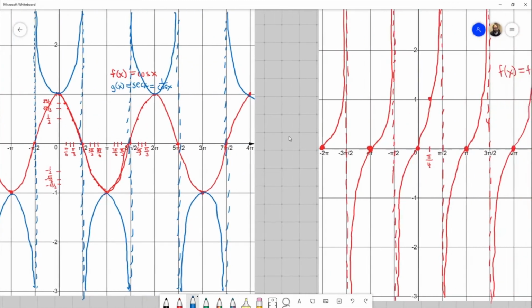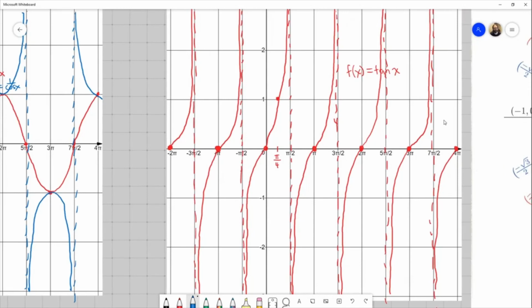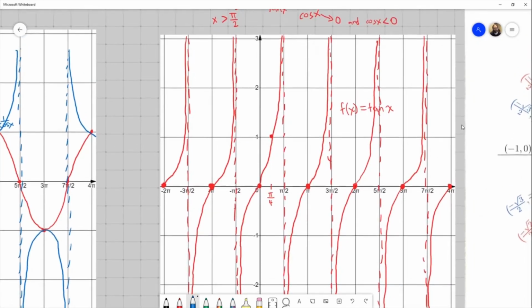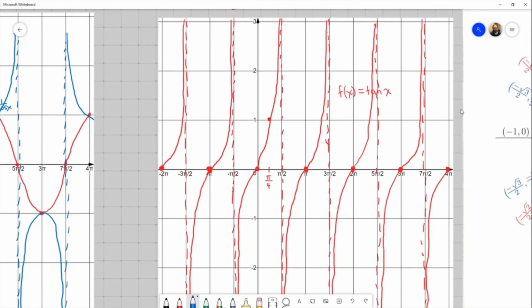One more graph. We have the graph of cotangent. That is the reciprocal of tangent. So wherever the graph of tangent goes through the x-axis, cotangent is going to have an asymptote.